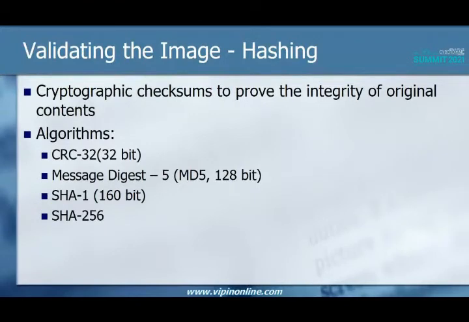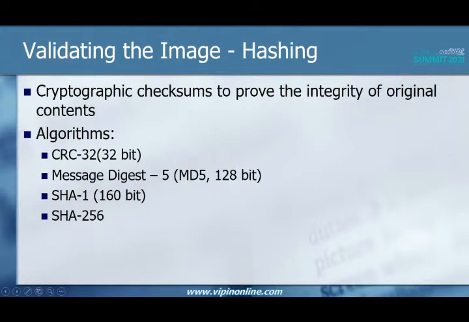For validating the image, we are using cryptographic checksums. So what we do is use the message digest MD5 128-bit kind of hashing. But in recent days, after there have been some collisions in MD5, the ideal way is to hash the original forensic file using SHA-256.